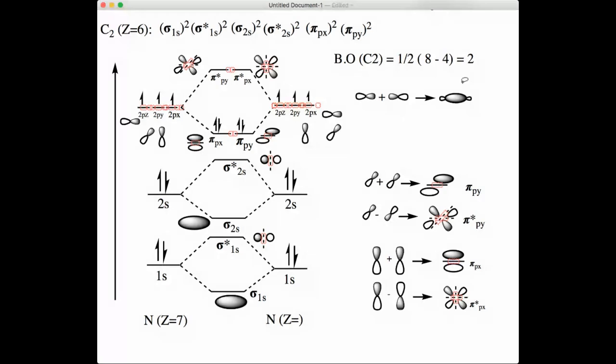Now, guys, how many nodal planes do we have in this sigma molecular orbital? So remember, this is a sigma pz. How many nodal planes do we find there? Several answers. Guys, a nodal plane is an area with zero electron density, any area where the sign of the wave function changes.